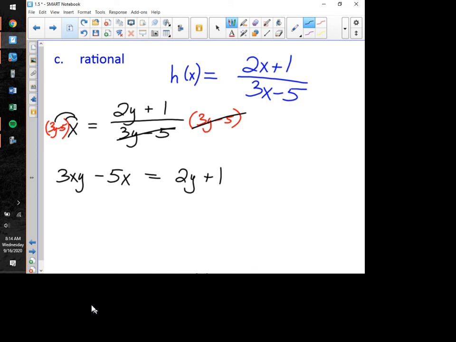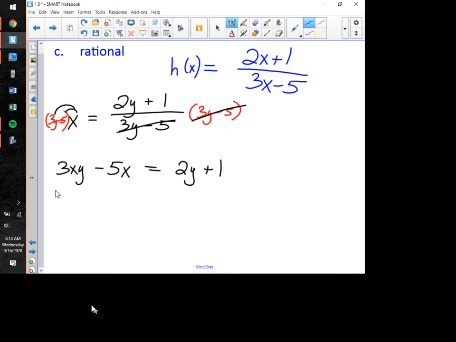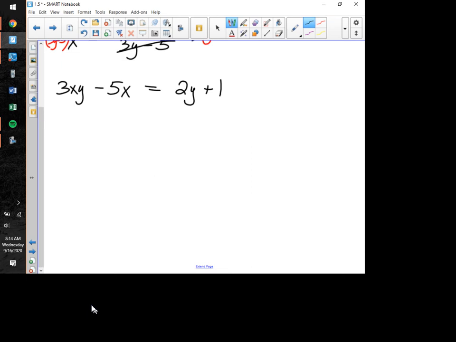At this point, if we're not quite sure what to do, it's never a bad idea to remember the overall goal. What are we trying to accomplish here? We're trying to solve for y in terms of x. So now what we're going to do is recognize that there are 4 terms in this equation and that 2 of them contain the variable that we're trying to solve for.